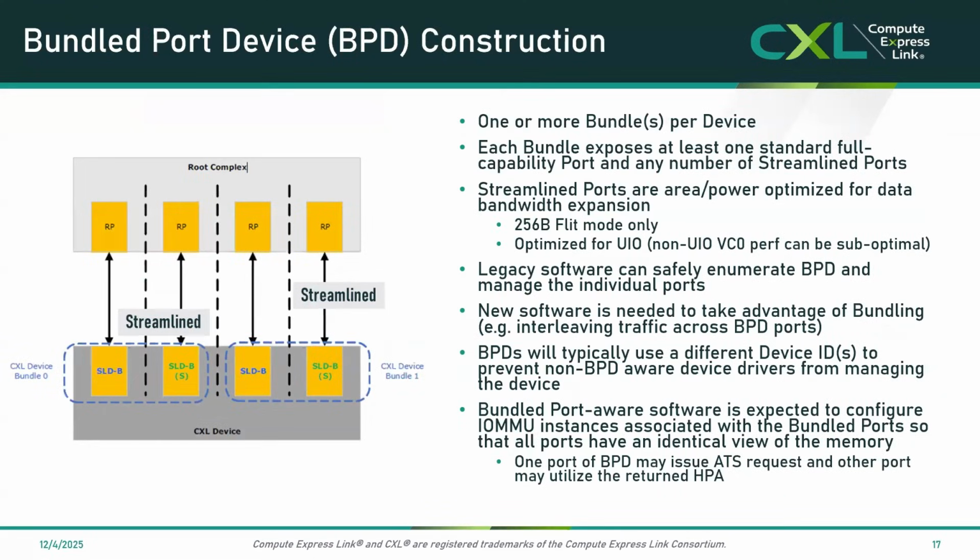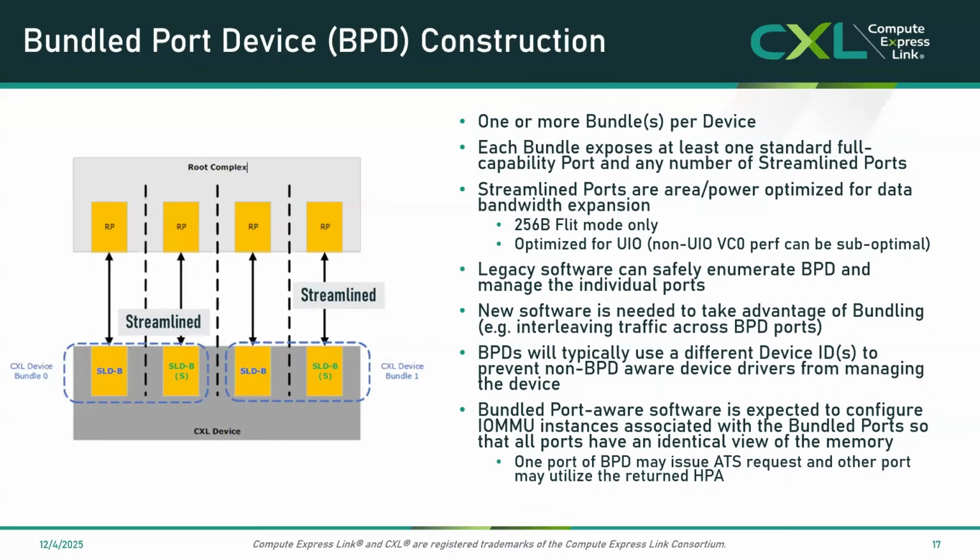So let me talk a little bit about the bundle port construction, how devices are constructed. If we look at the picture on the right, you can see a CXL device that has 4 upstream ports, and those are divided into 2 bundles, what we call. Bundle 0 is the leftmost 2 ports, and bundle 1 is made up of the right 2 ports.